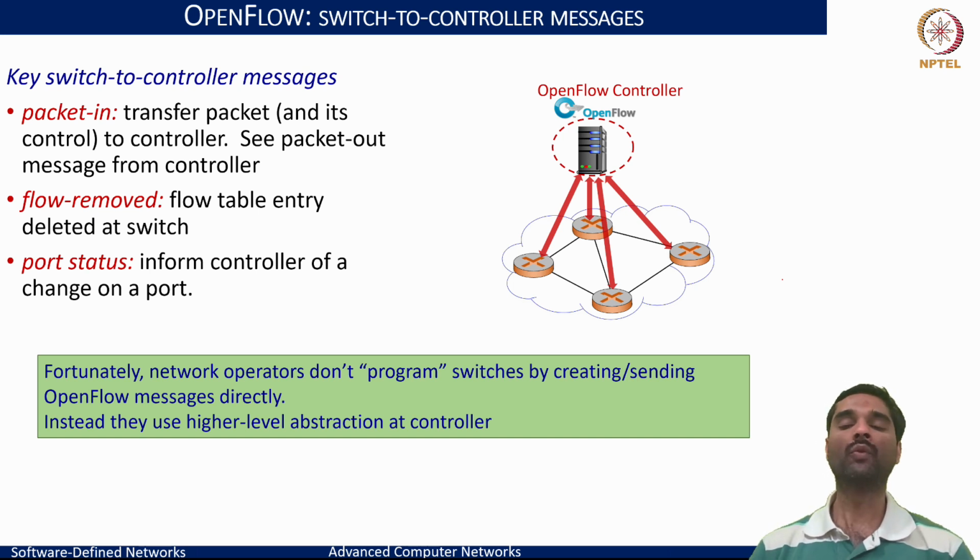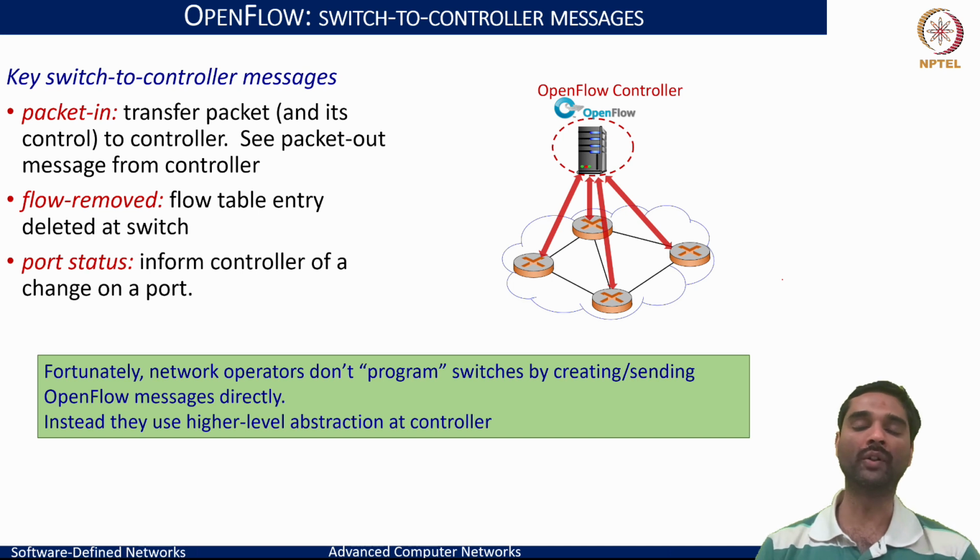Likewise, once the rules are installed by the controller, they time out or age out if no more matches happen on the data plane. Once they time out, those rules would be removed from the switch's forwarding table. In such cases, the switch would then notify the controller that a particular flow entry that was set up has been deleted at the switch.